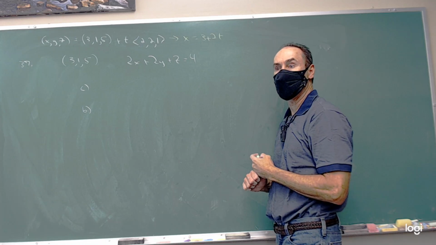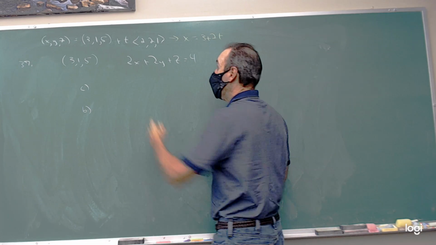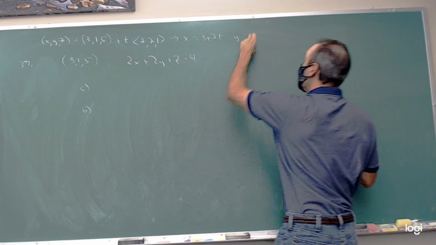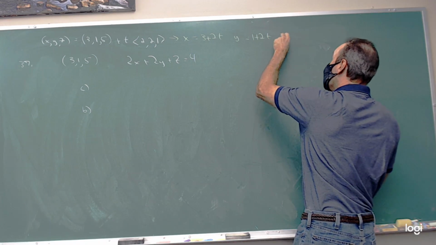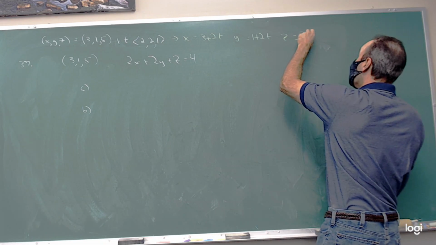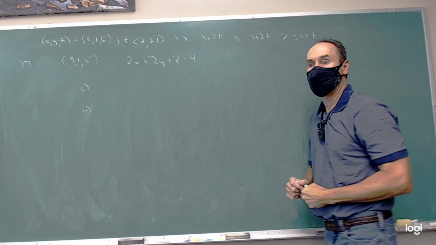And y is going to be 1 plus 2t. And z is going to be 5 plus t. So that still holds all that information from our line.